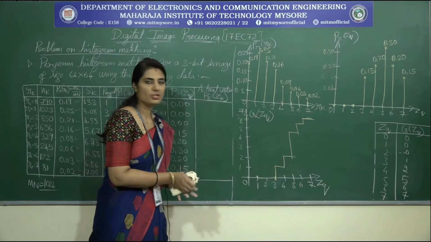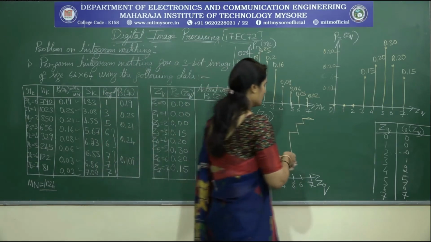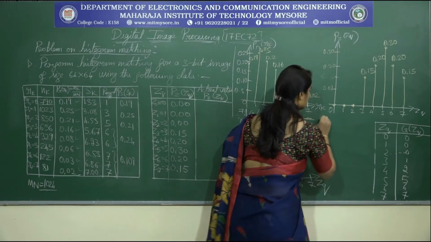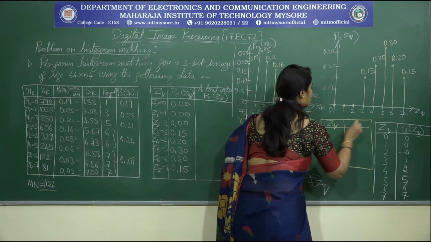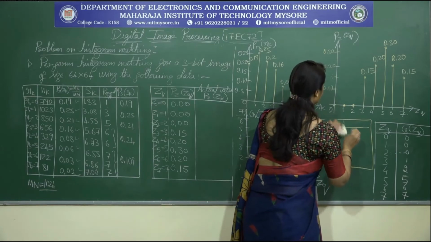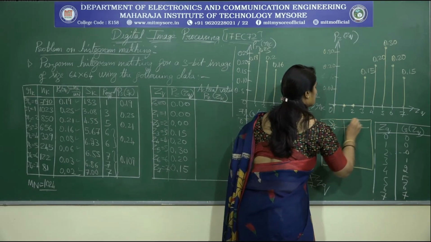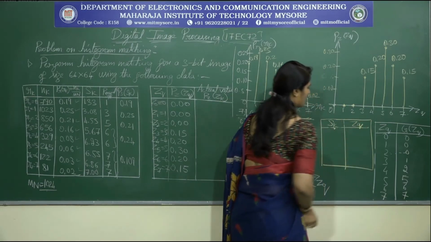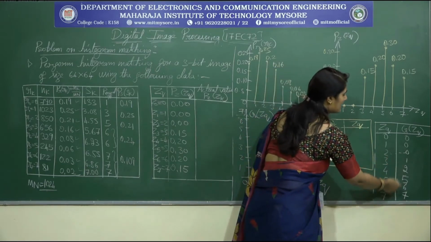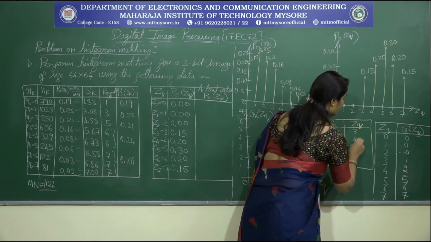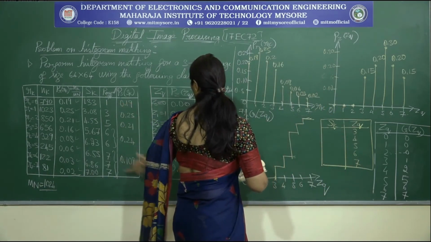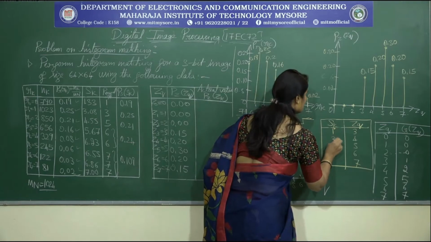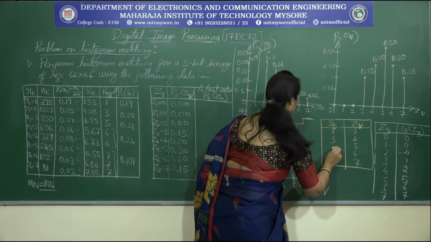The G of zq values which I have got, I have rounded off to the nearest integer values, and this is the transformation graph. So how to find out the actual values from this? Now look at this, sk versus zq. So here I have the zq values 3, 4, 5, 6 and 7, and the sk values are 1, 3, 5, 6, 7.